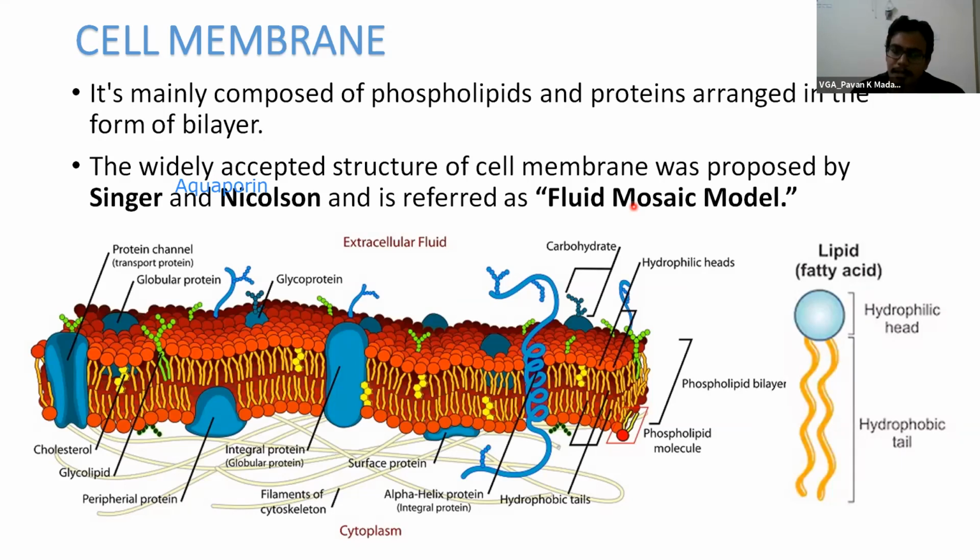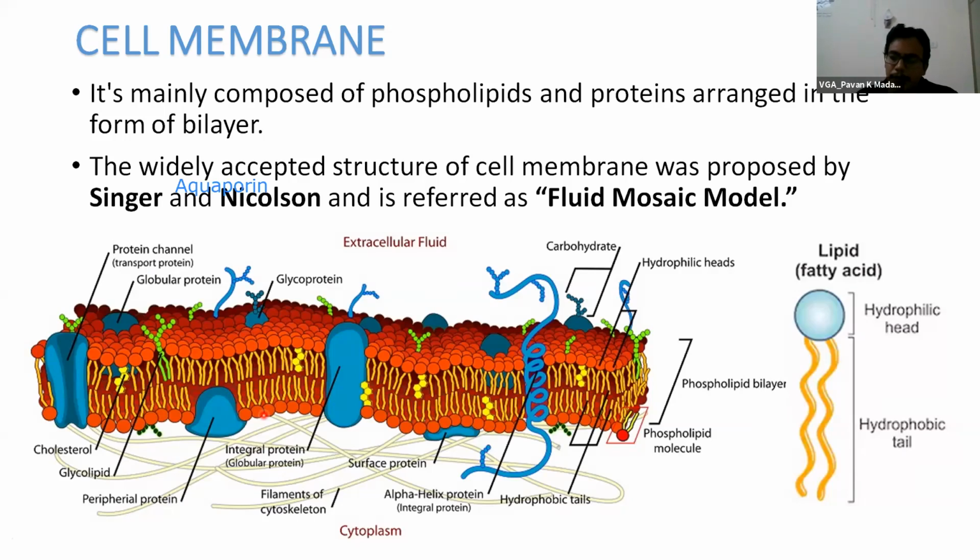Suppose this protein is here. After some time, it may be here, or downwards, or upwards. It can move in any direction. As these lipid molecules can move from one place to another within the membrane, they are called fluid. That is the main reason for the name fluid mosaic model.